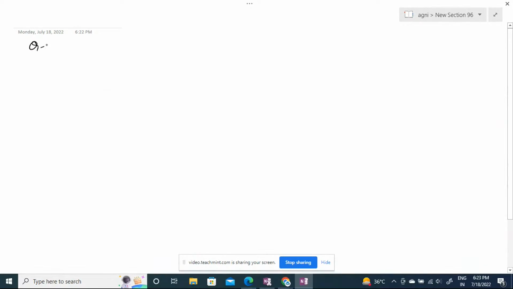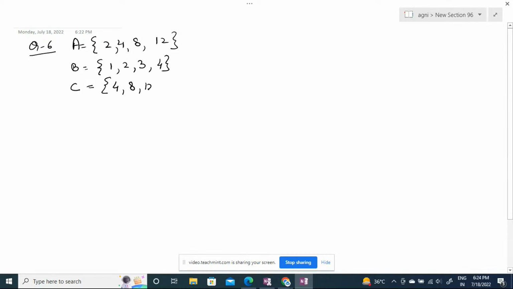Now question number 6. We have sets like this. A is equal to 2, 4, 8, 12. Set B is equal to 1, 2, 3 and 4. Set C is equal to 4, 8, 12, 14.